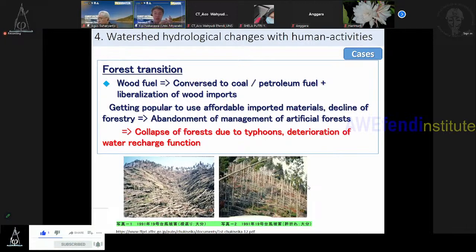That means the structure of each tree is weak. In such a situation, strong wind, typically from typhoons, breaks the trees. These situations happened due to the low ecosystem function of artificial forests.